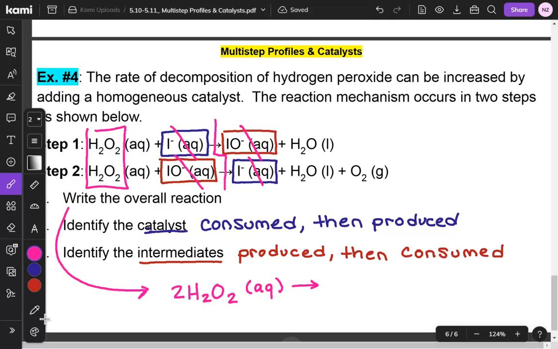And those are going to decompose into two waters in the liquid state. And then we'll have an O2 left over.